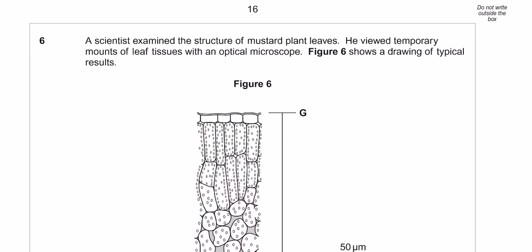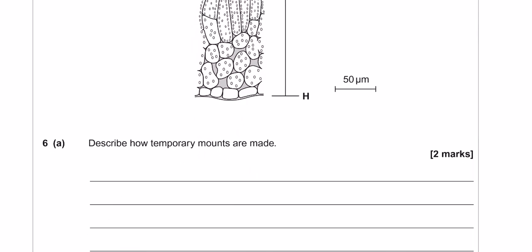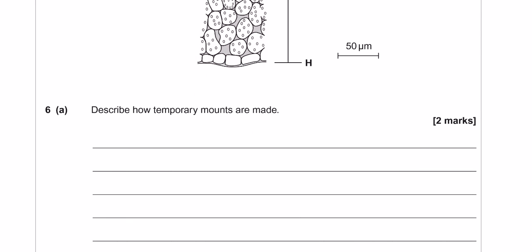Okay, on to question number 10 in our mock exam. So it says structure of a leaf. He viewed temporary mounts of leaf tissues with an optical microscope. Describe how temporary mounts are made for 2 marks. So literally you've got to recall what you may have done in the class.